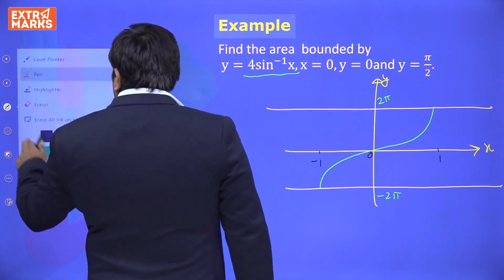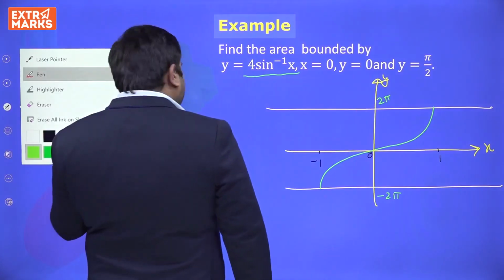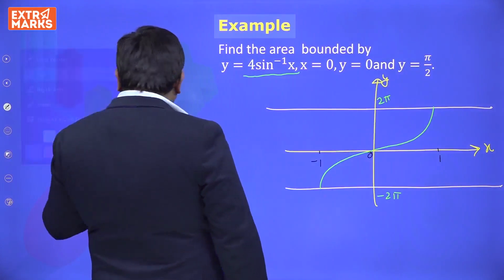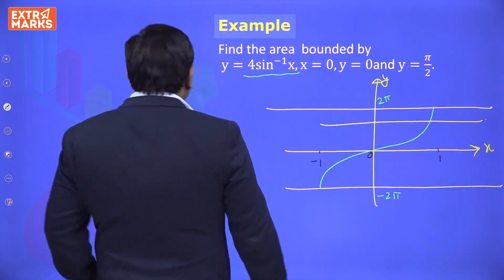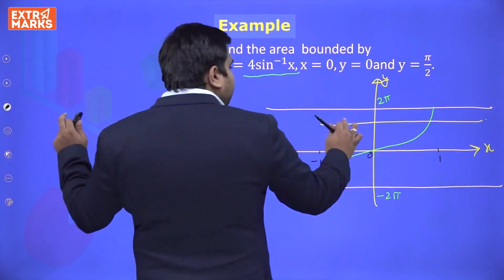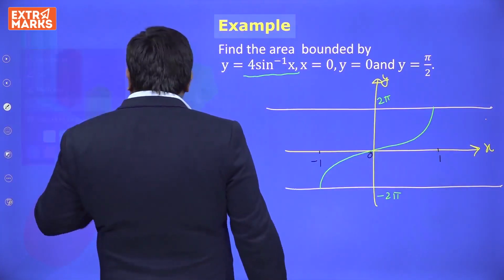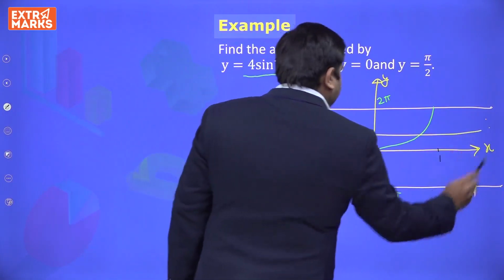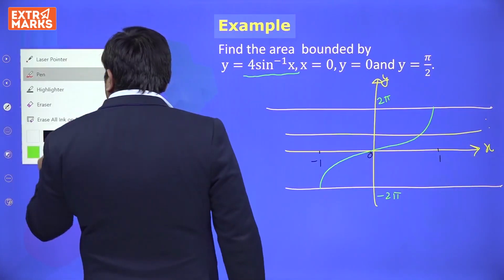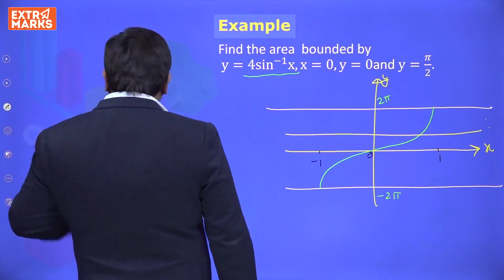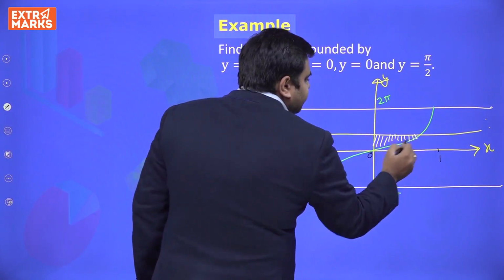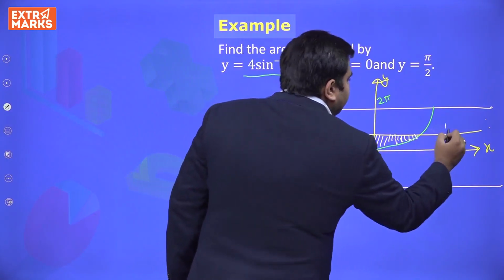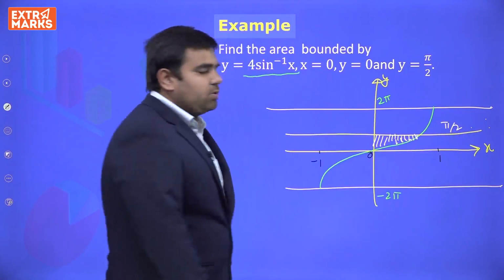Now we are specifically speaking about the area bounded till pi by 2, so we are speaking about this portion of the curve. This is pi by 2.